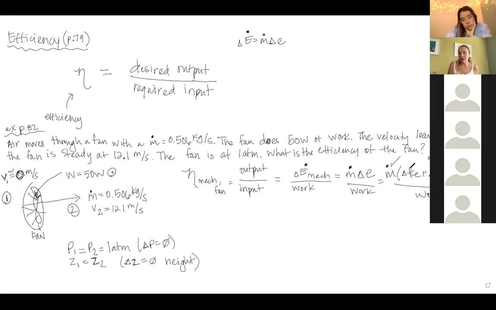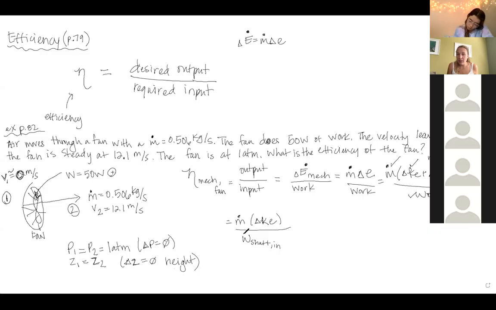We know mass transfer rate, we know the kinetic energy equation because we know change in velocity, and we were given work in our problem statement. So now we can just say our mass transfer rate times our change in specific kinetic energy, this is a lowercase k, over our work done by a shaft put in.